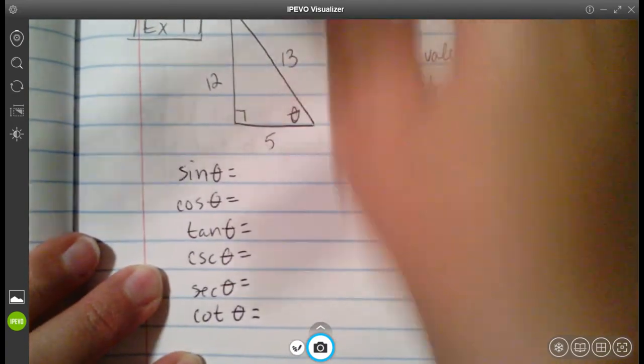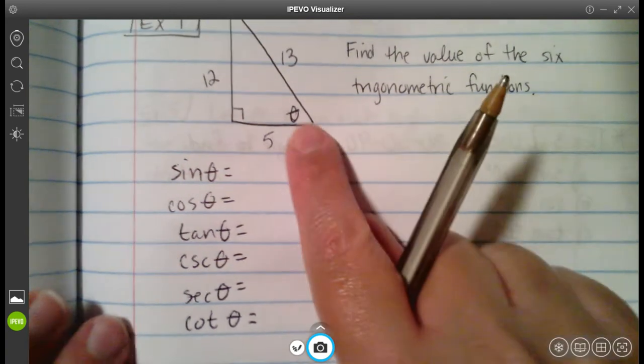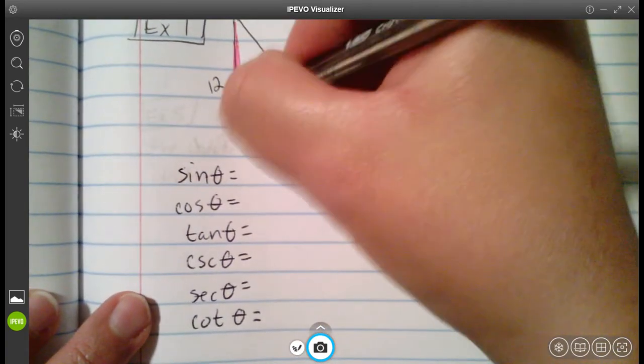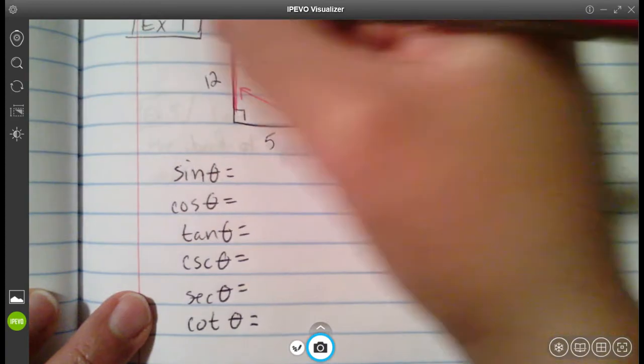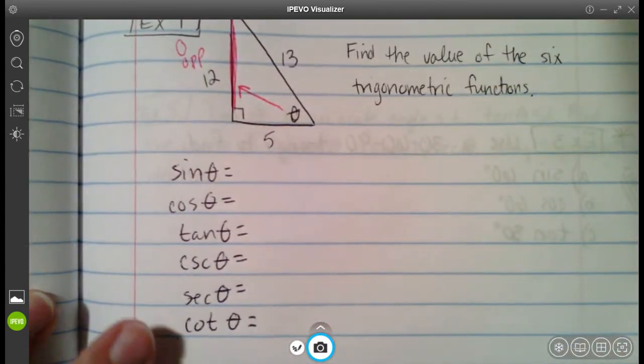And I'm going to use what I know about SOHCAHTOA to fill in the numbers. First of all, I know that this is my angle. So the side over here is going to be opposite of the angle, so I'm going to put OPP, O for opposite.